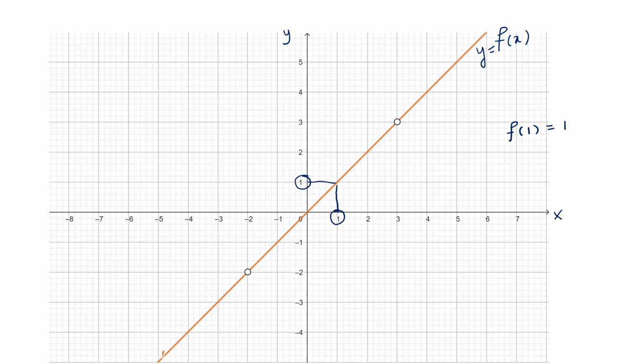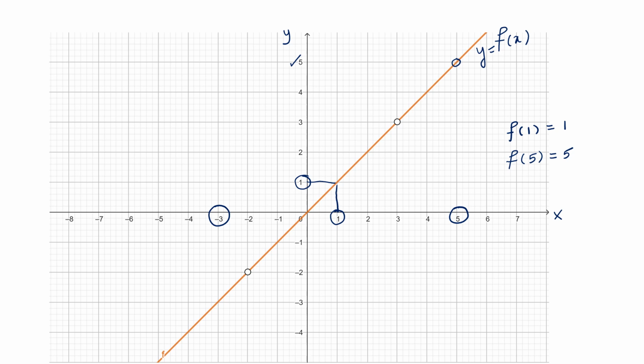Suppose I am considering x equal to 5. What is f of 5? We are going to find out. The corresponding point is this point and the corresponding value is 5. So f of 5 is equal to 5. Now you have to see here, I am taking the x value minus 3.